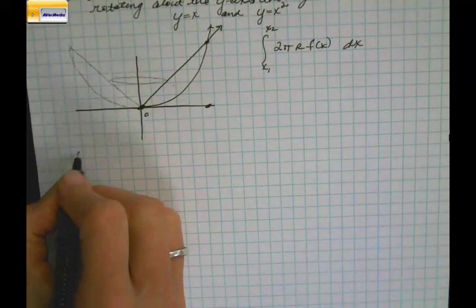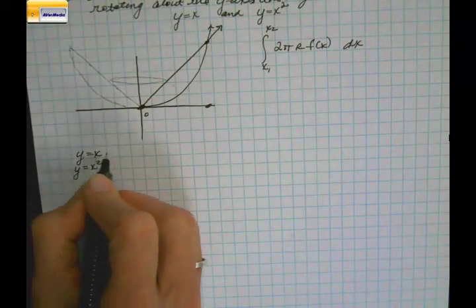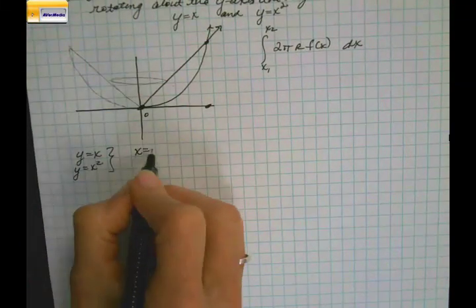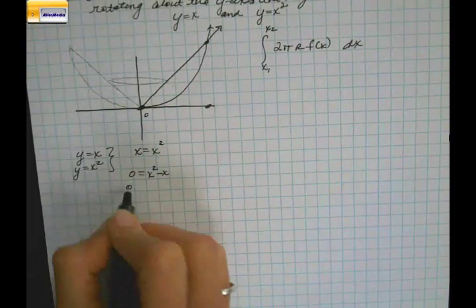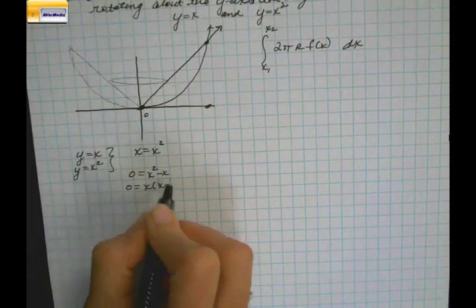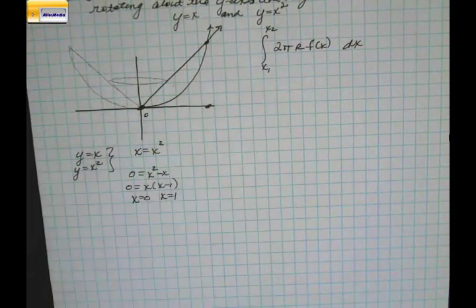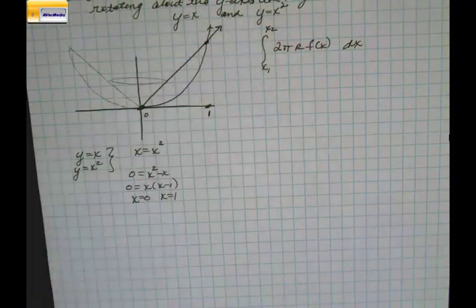So to find the upper limit, we find the point of intersection of y equaling x and y equaling x squared. I set these two equal to each other. So 0 would equal x squared minus x, factored into x times x minus 1. Sure enough, one of the x values is 0, which we could tell by the graph, and the other is an x value of 1.